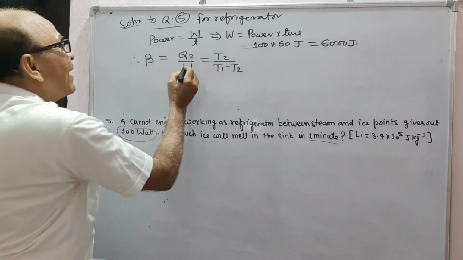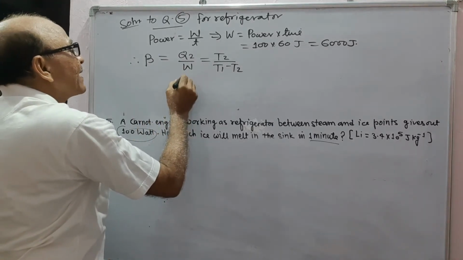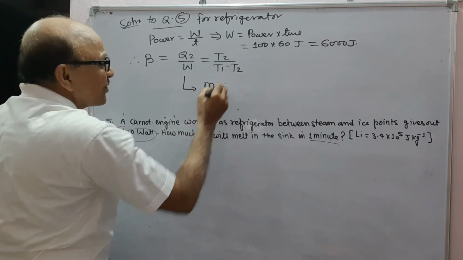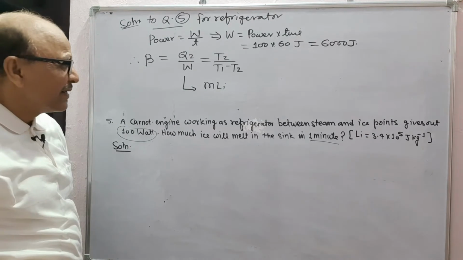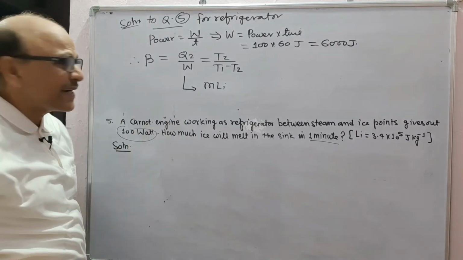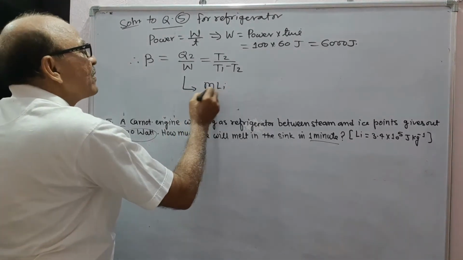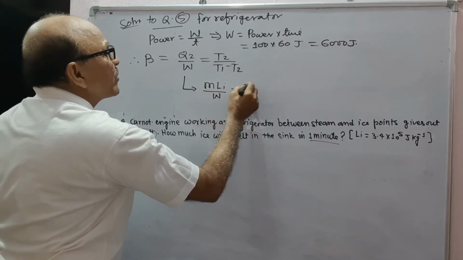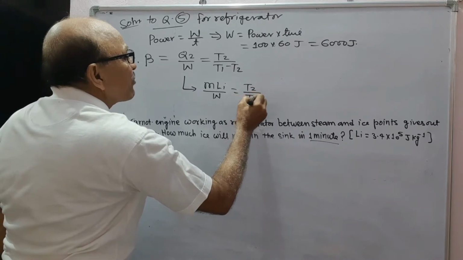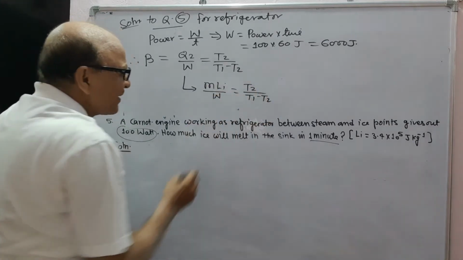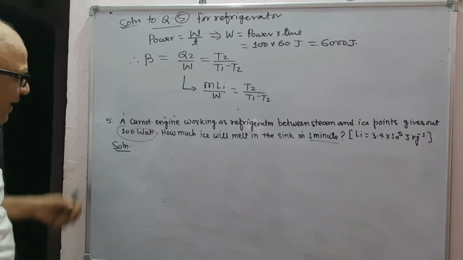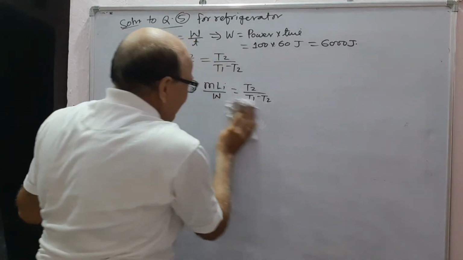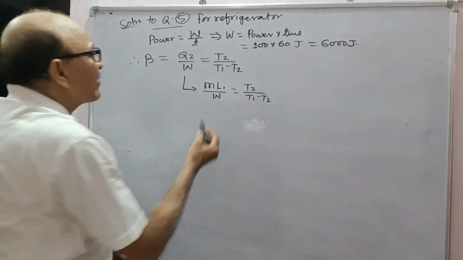Therefore, this can be written as M into L ice, since Q is equal to ML, heat taken in state change, mass into specific latent heat, upon W, which will be equal to T2 upon T1 minus T2. Here all the terms except M are known, therefore M can be calculated.